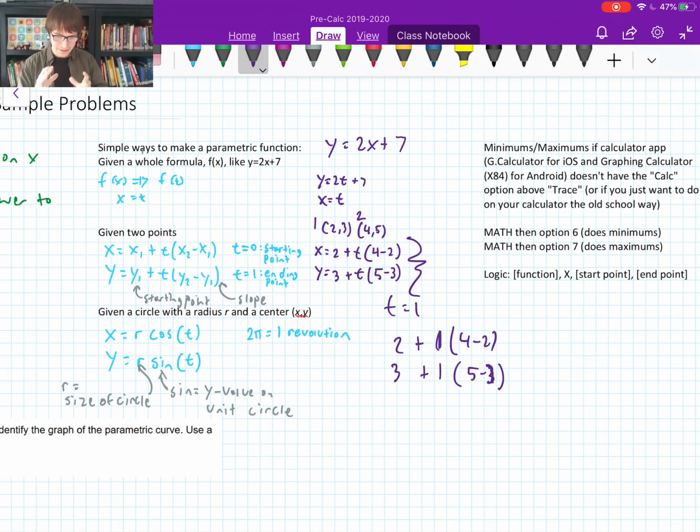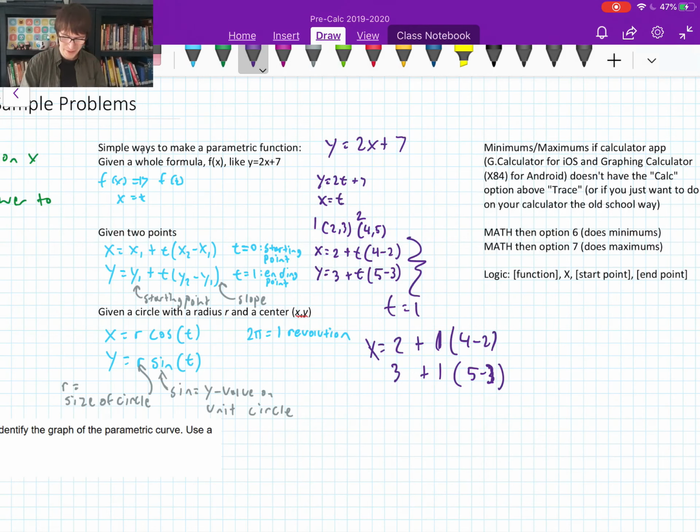And so you might be able to see what we were doing here. From our starting point 2, as far as x goes, we're going to add the difference between the second point and the first point, the difference between 4 and 2. Essentially it's saying we're going to start with 2, and add whatever we need to add to get to that 4, or in other words, get to that second point.